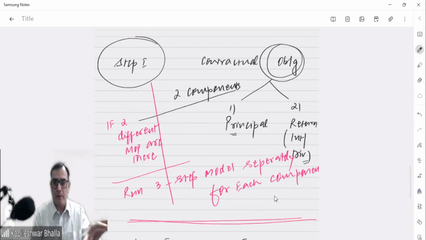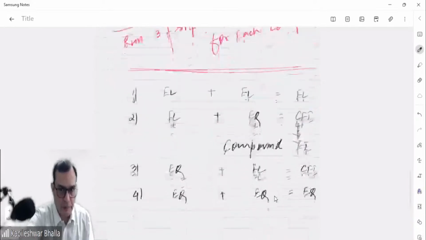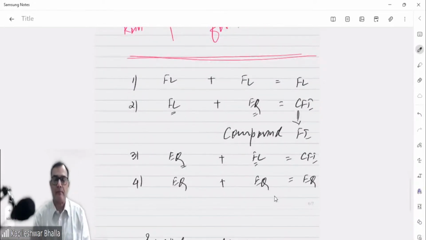Run it for the principal component, decide FL or equity. Run it for the return component, decide FL or equity. Then once you decide, if one component is FL and the other is also FL, it's an FL. If one component is FL and the other is equity, it's compound.